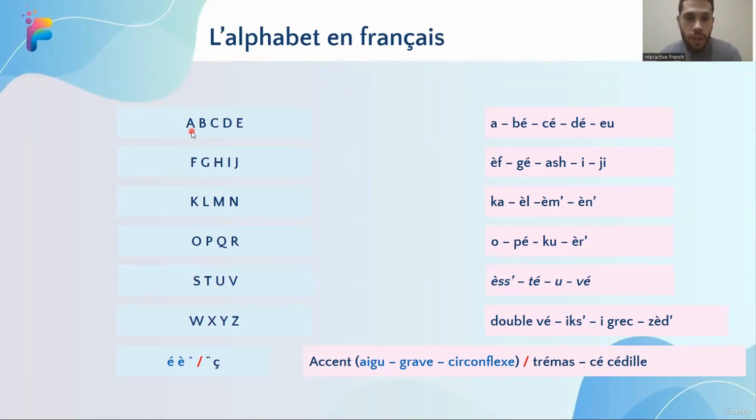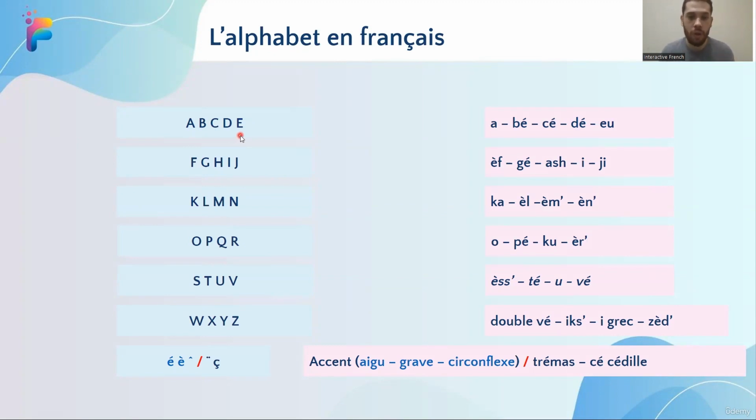Moving on to the next one, we have B. B, okay? So B for B. We would also say C, okay? C. C for C. And then we have D. D for D, okay?